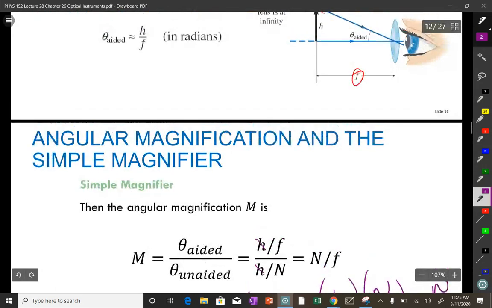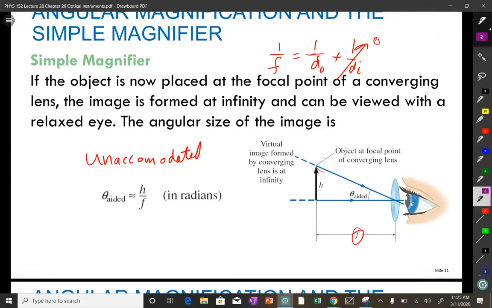Convex. I need something that's converging, because with a diverging lens the actual focal point would be on this side. So the only way to get this is for the simple magnifier to use a convergent lens, right?